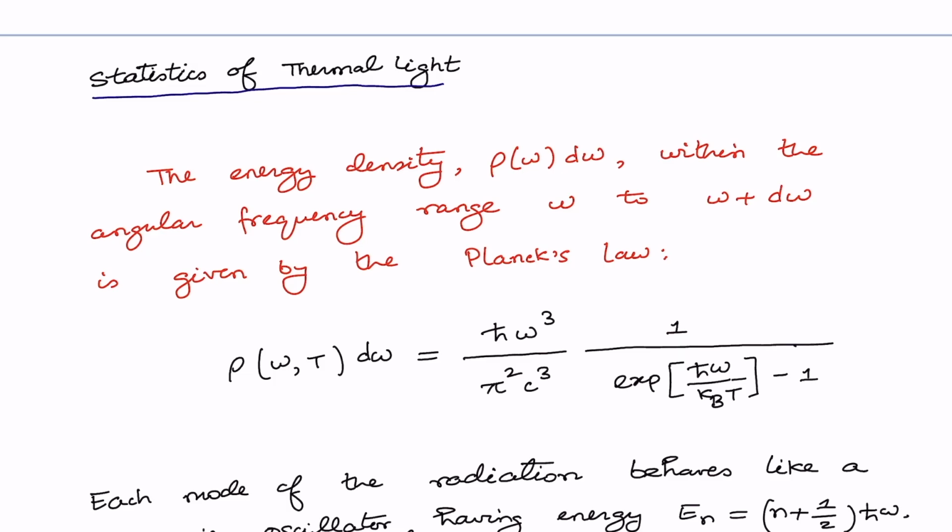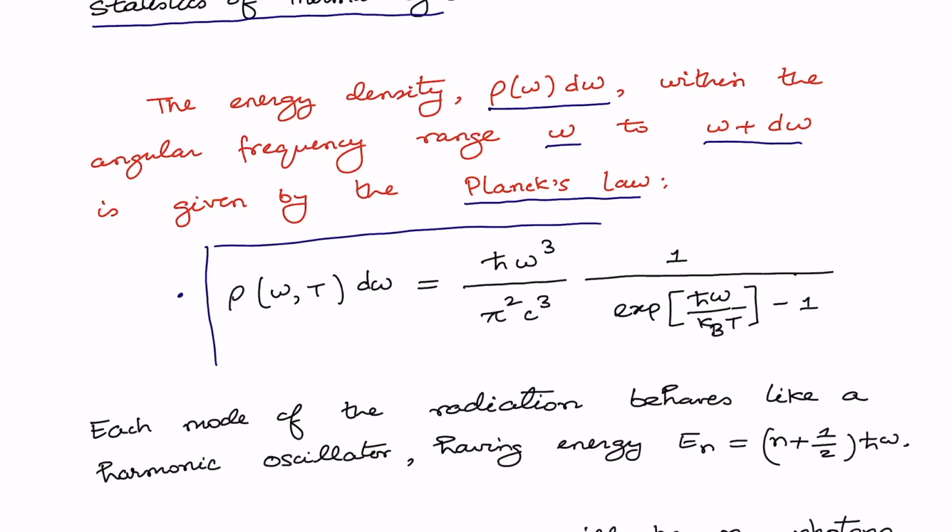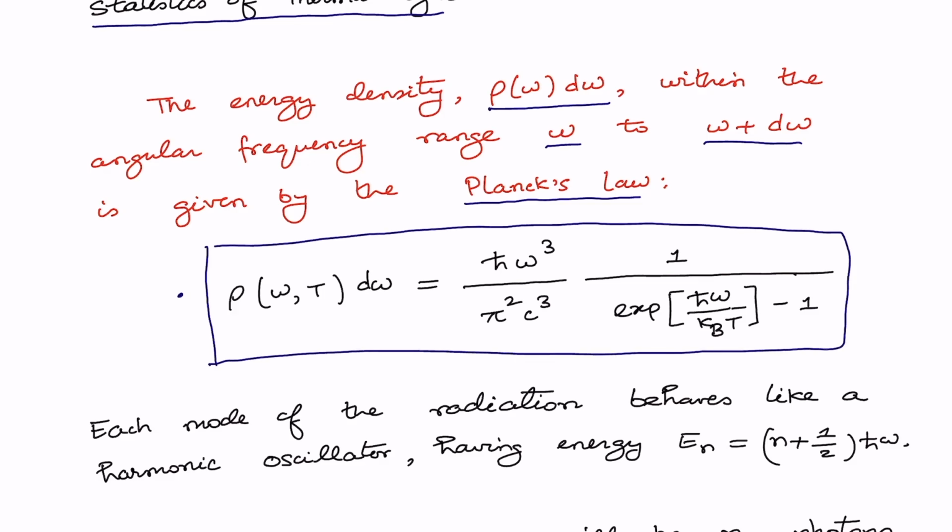The properties of thermal light are generally understood by applying the laws of statistical mechanics to the radiation within an enclosed cavity at a temperature, say T. The energy density rho omega d omega within the angular frequency range omega to omega plus d omega is given by this famous Planck's law, which you may have also seen in your first course on quantum mechanics. This is a very well-known formula. This is Planck's law.